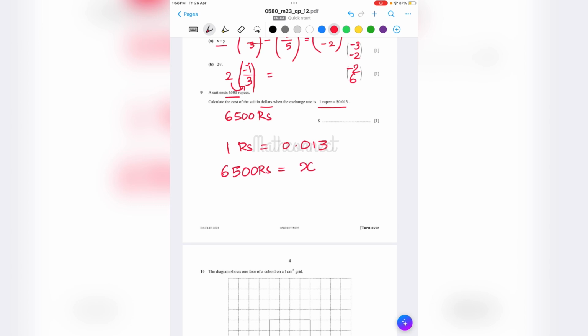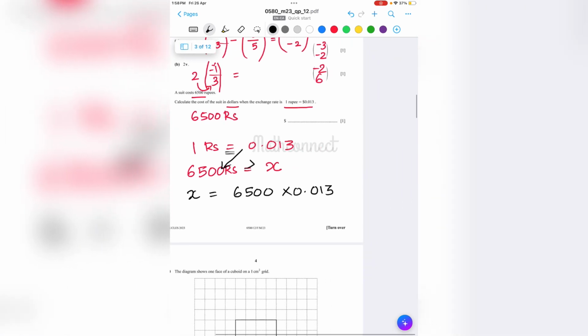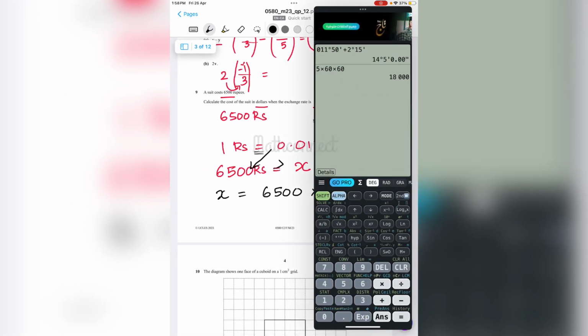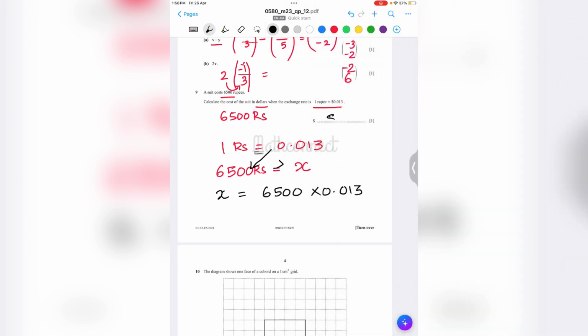I'm going to do cross multiplication. So x is equal to 6,500 into 0.013. So let's find out what is the answer. 6,500 into 0.013 is 84.5. So this is the amount in dollars, 84.5.